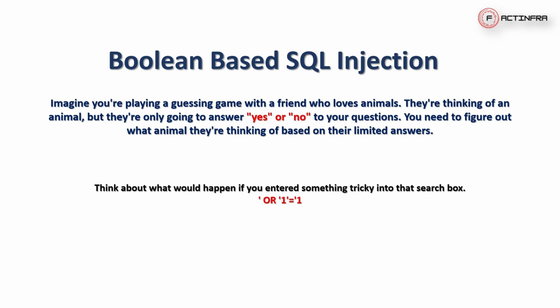They are thinking of an animal, but they will only answer yes or no to your questions. So you need to figure out what animal they are thinking of based on their limited answers. This is the case of Boolean-based SQL injection, and now we are moving forward towards a technical thing.